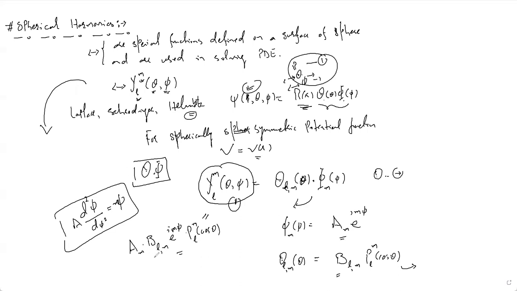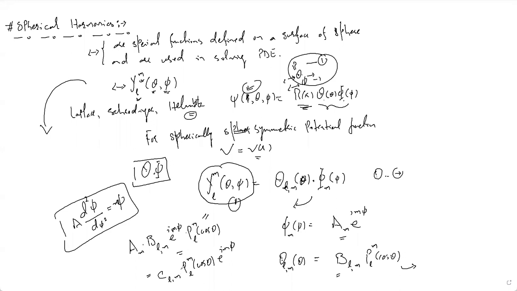Taking the product, I will represent the constants by another constant C_lm, so that Y_lm equals C_lm P_l^m(cos theta) e to the power i m phi. This is the spherical harmonic.